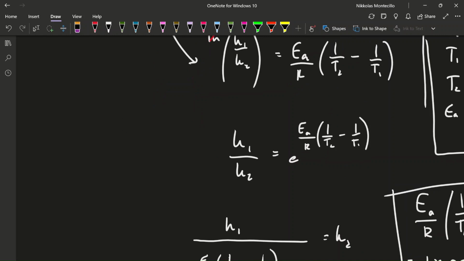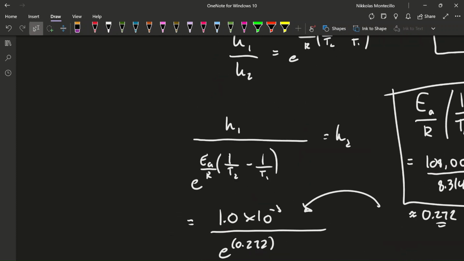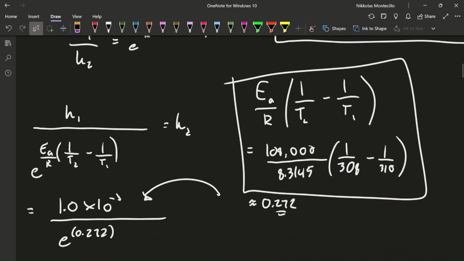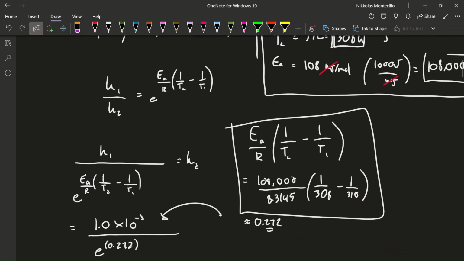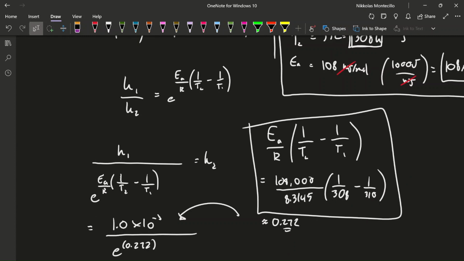And then from there we can just simply plug in the values. But what I preferred to do actually was first solve for this equation here.